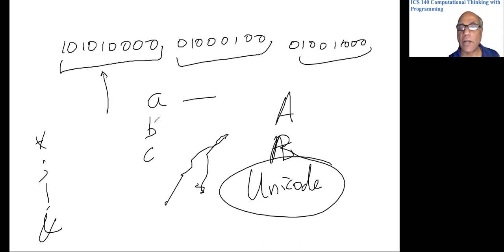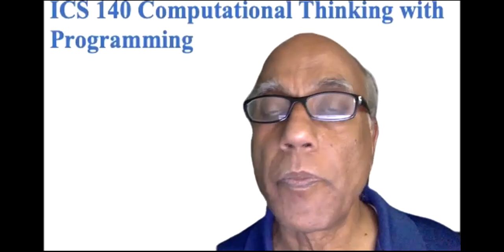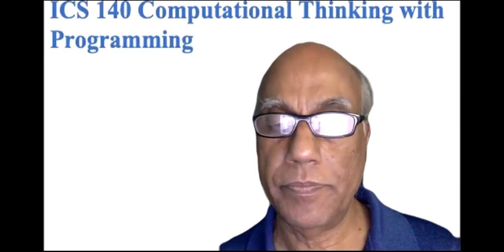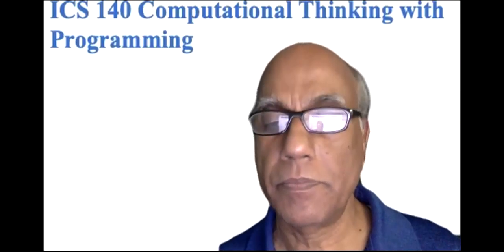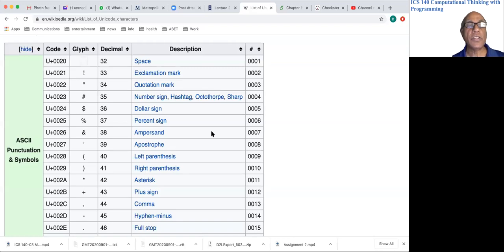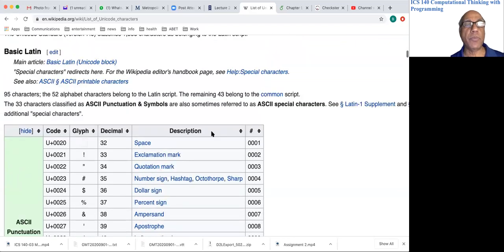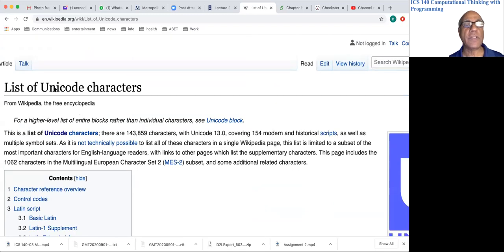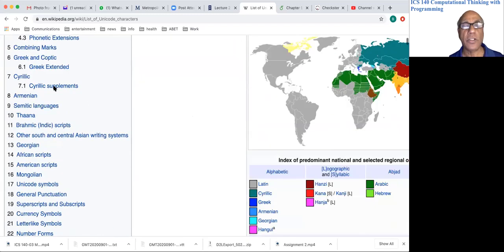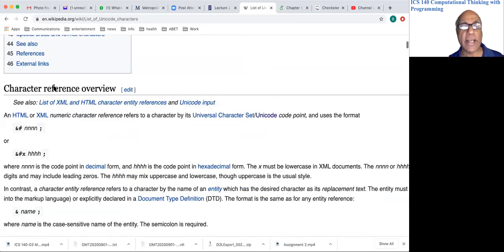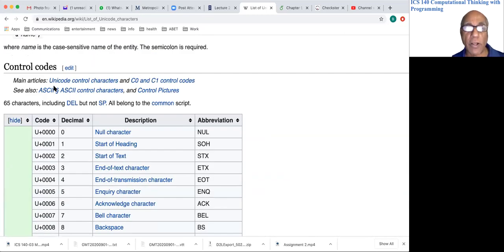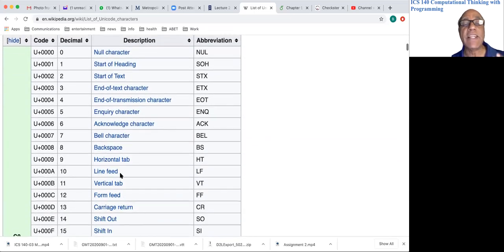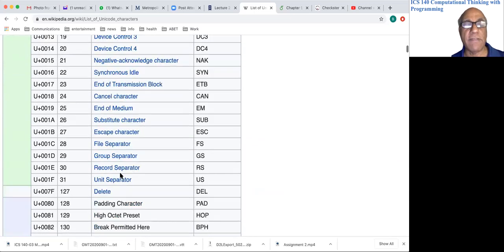So let's take a look at Wikipedia. This is one of the pages that I pulled from Wikipedia. This lists the Unicode characters, probably not all of them, because it's going to be very extensive.